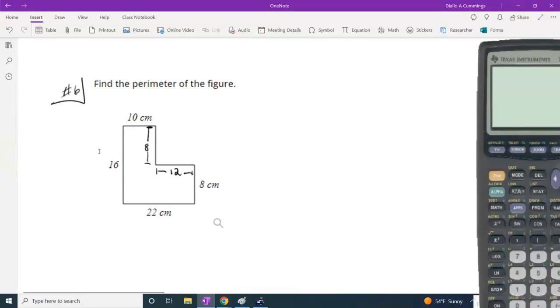So now I'm going to add up all of the side lengths.